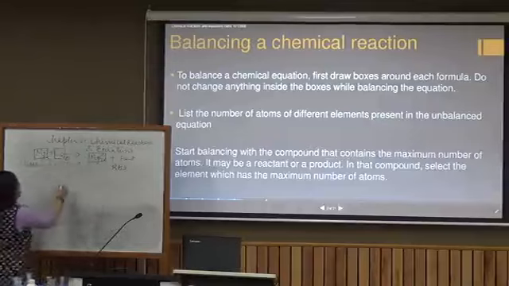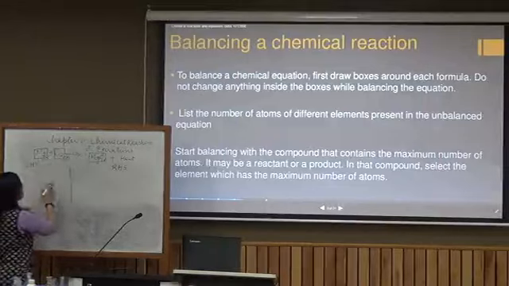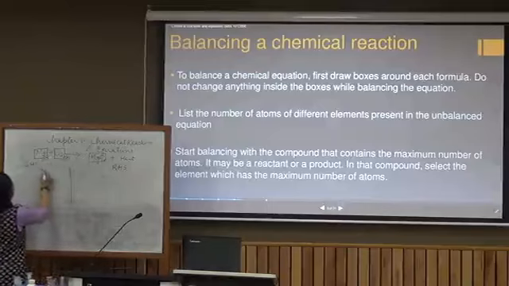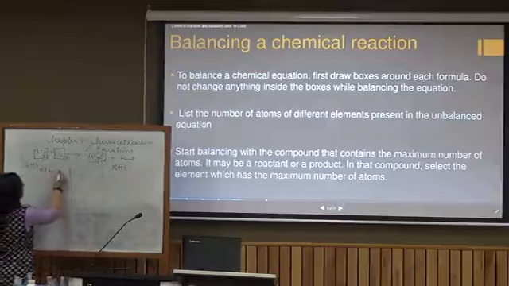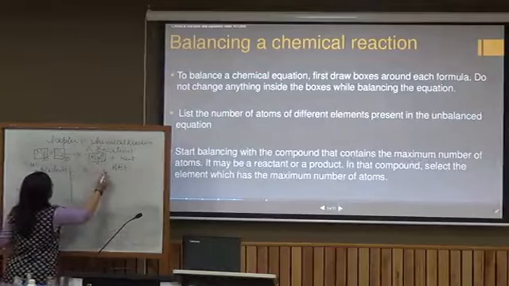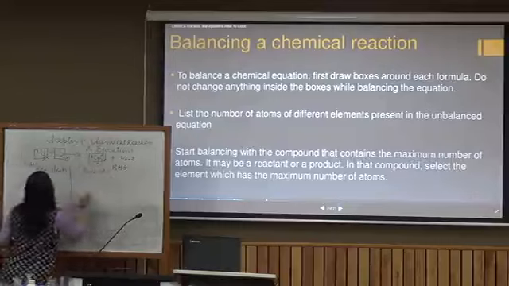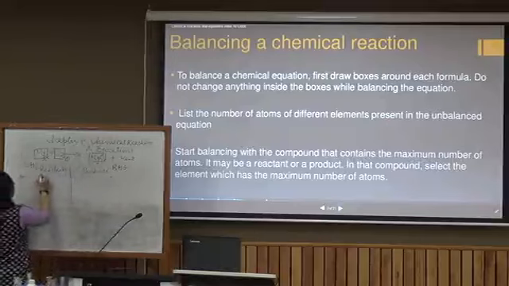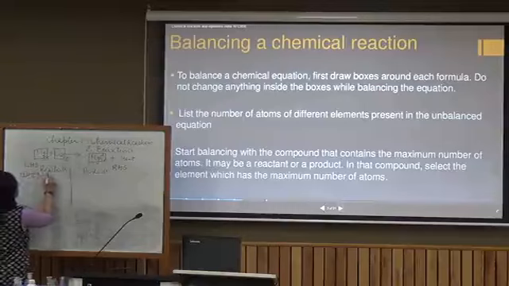Now we draw a table of the reactants on the left hand side and products on the right hand side. So this is about reactants and this is about products. And here we list all the elements involved in the reaction. So here the element and the number of atoms of each element is to be listed here.